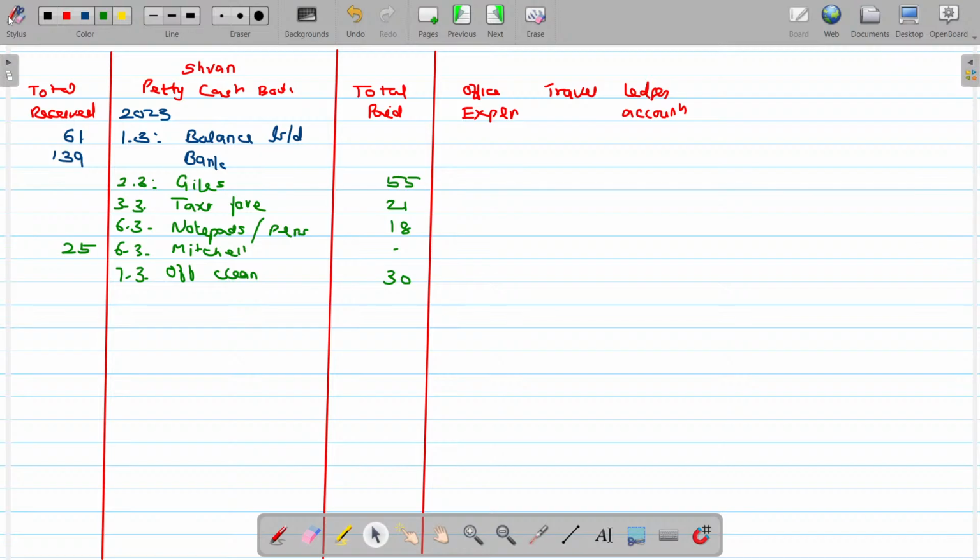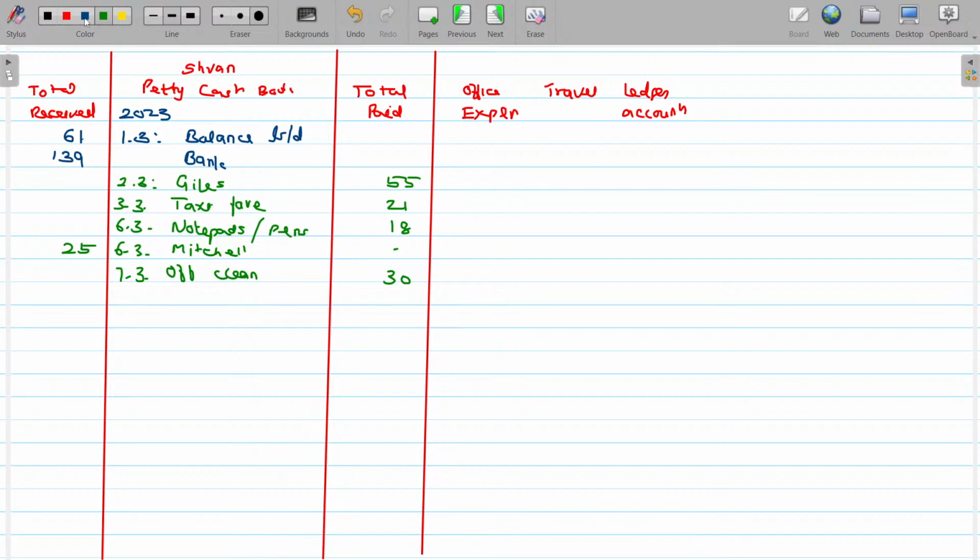See here. Now the total on the left hand side will be the total of this one. How much is this total? 55, 21, 18 and 30, the value being 124.